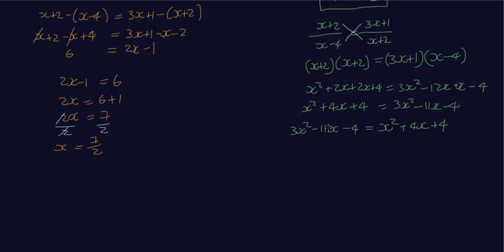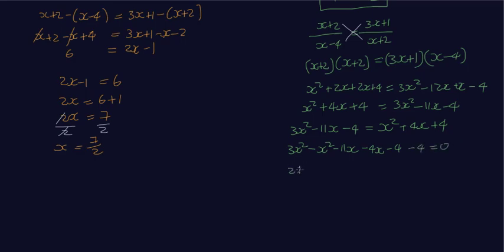And then I will bring everything to this side because I see like terms. So it's 3x squared minus x squared, and minus 11x, I see 4x must come to this side as negative, minus 4x, and minus 4, and the 4 that is positive must come to this side as negative, minus 4, all equals 0.